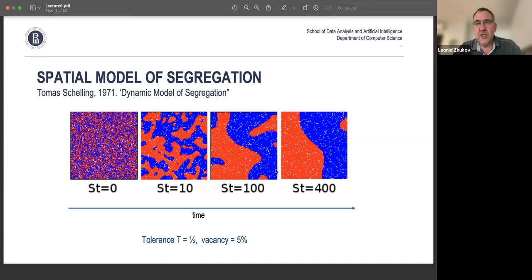So you literally go from this mixed environment to a segregated environment, where all the reds live where they are and blues where they live. You can see this on the picture.